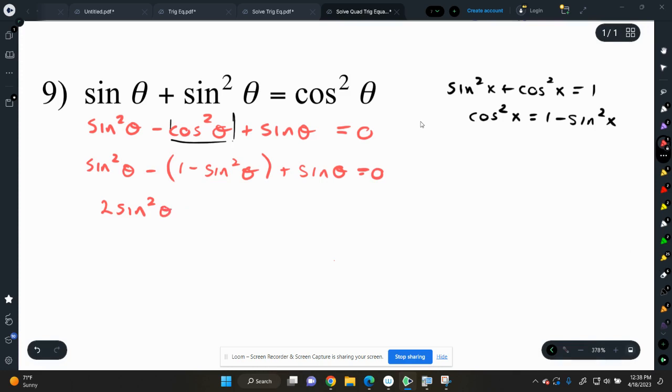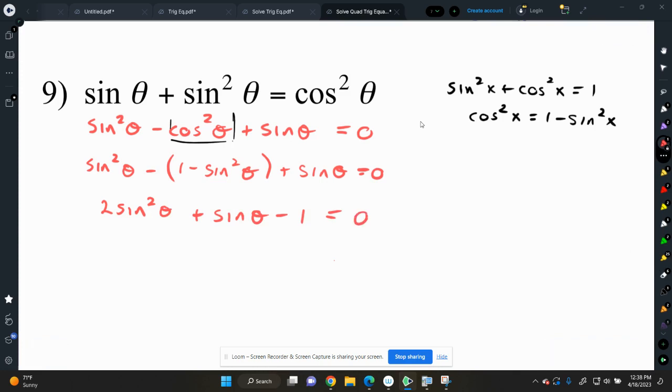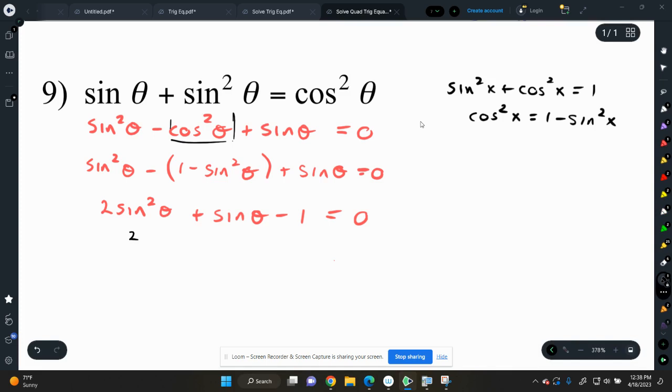I'm going to write 2 sine squared theta plus sine theta minus 1 equals 0. So again, factoring this, we're treating it just like it was an x: 2x squared plus x minus 1. And that would factor as 2x and 1.